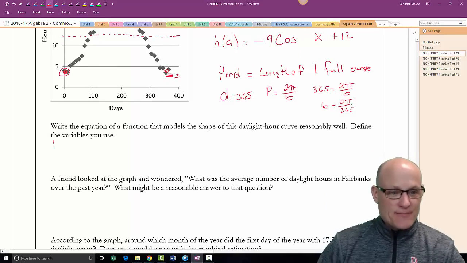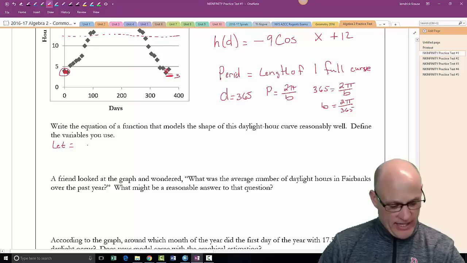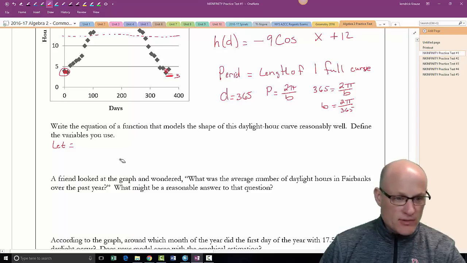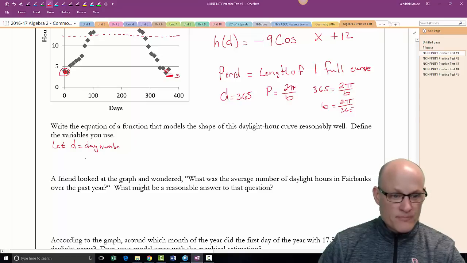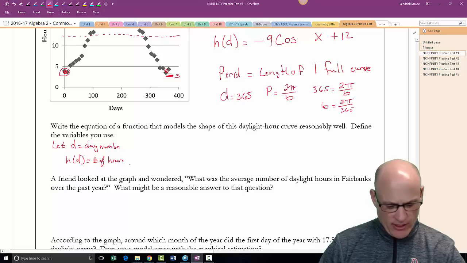So I'm going to say let d equal days. How about we call it d? I forgot to say, let d equal day number. And h of d equal number of hours of sunlight, right? Number of hours of daylight.